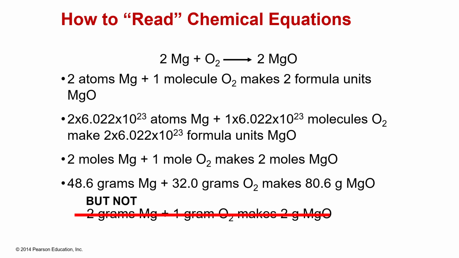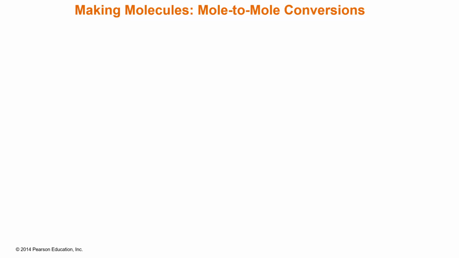Now, when we do this stoichiometry or stoichiometric analysis, we're going to take advantage of the ratios in the chemical equation. For example, we can do direct mole-to-mole conversions. Let's consider this equation here, which is actually the combustion of octane, one of the main components of gasoline that fuels our cars.